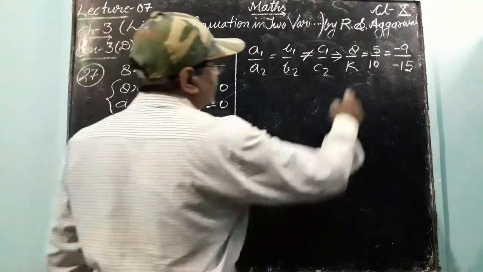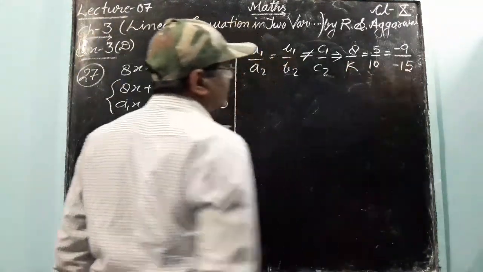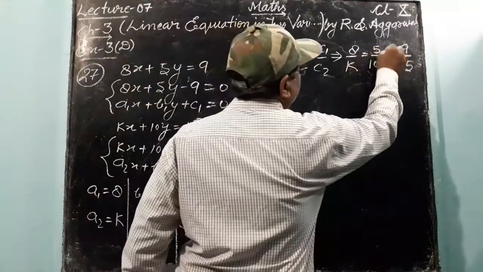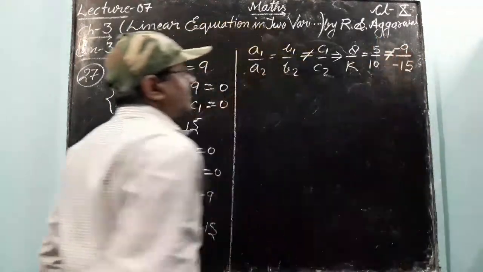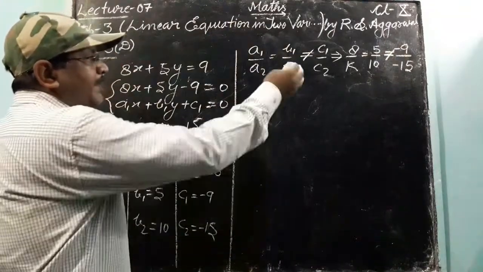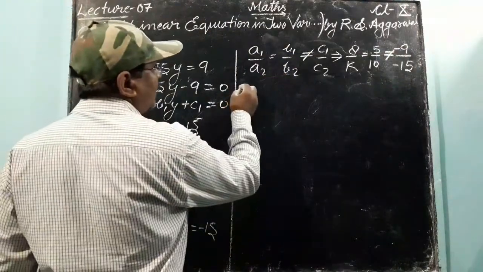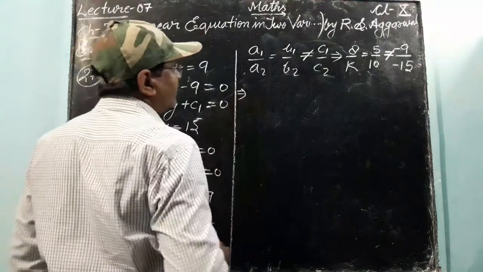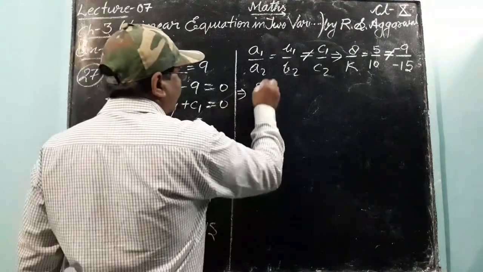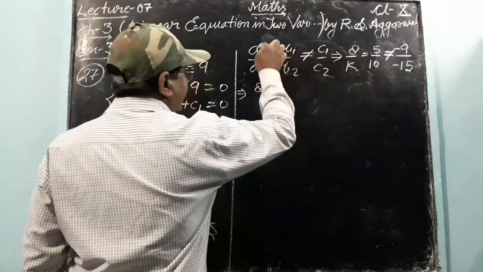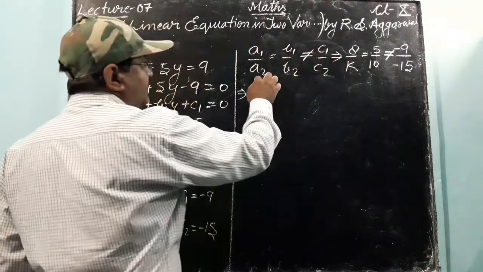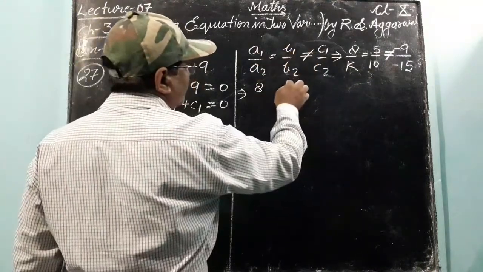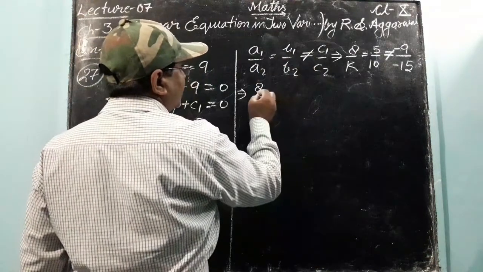Now you write it in two forms. That is not equal. It is the condition of no solution. Now keep it in two forms, and then it will be a1 upon a2 is equal to b1 upon b2. In this form you write.